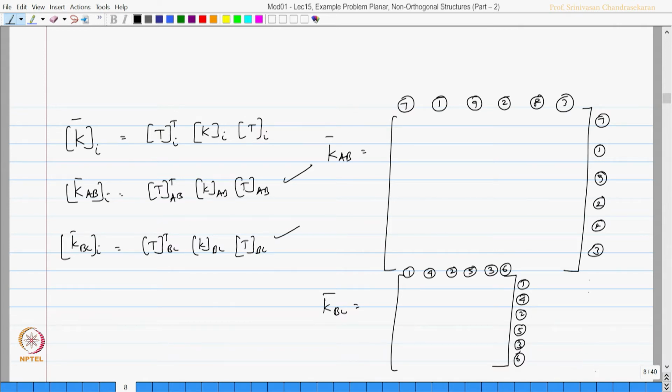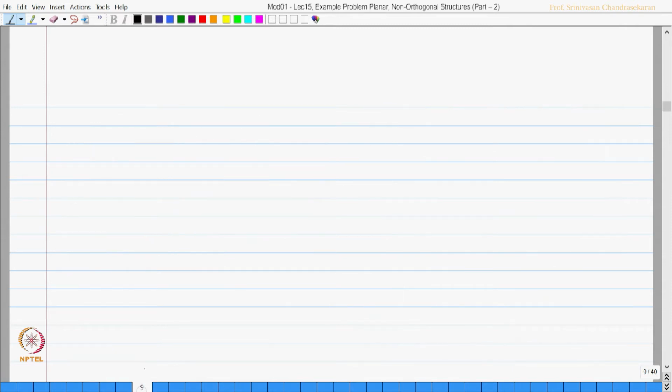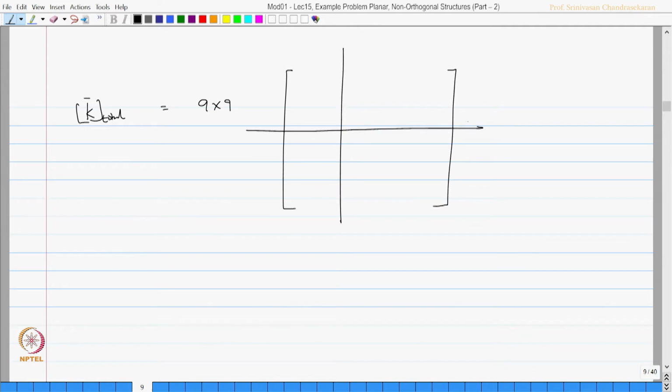So, what I do? I assemble this matrix and get K total, I get K bar total, which will be a 9 by 9 matrix, which will contain partition submatrices.